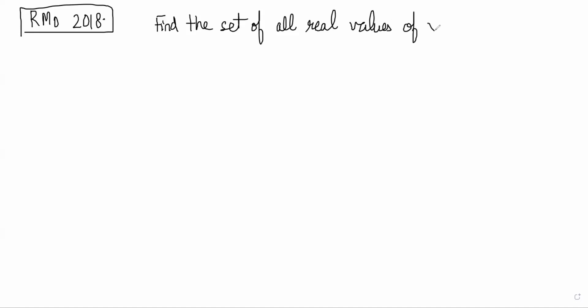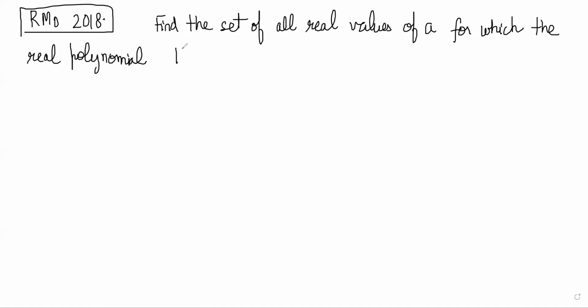And in this question, we have to find the set of all real values of a, not x, for which the real polynomial P(x) = x² − 2ax + b has real roots.